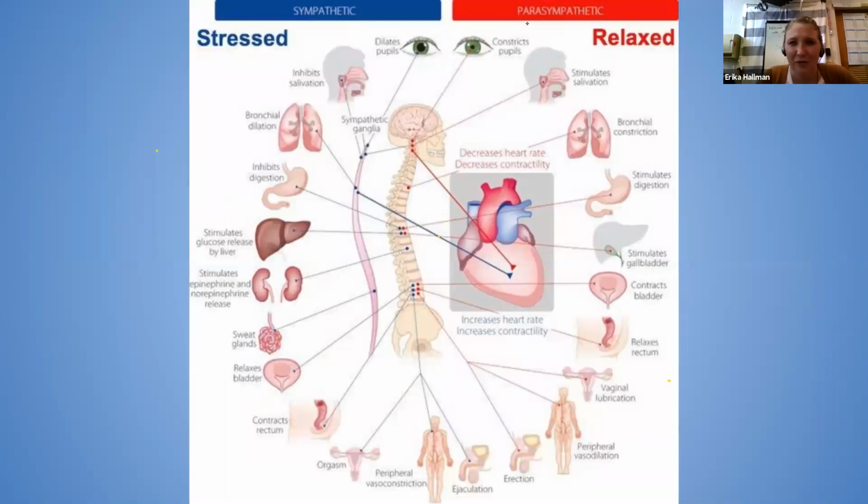This is the diagram I really didn't want to skip over. All right, on the left-hand side of your screen, the things that are outlined in blue are the things that are stimulated by your sympathetic nervous system. So this would be what would happen on the left side of your screen whenever you are stressed out. When you are stressed, your body is focusing on fight or flight.